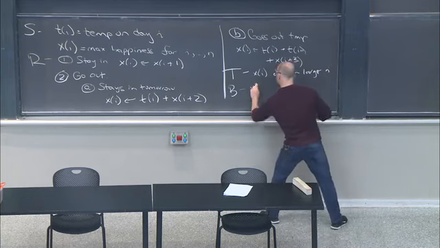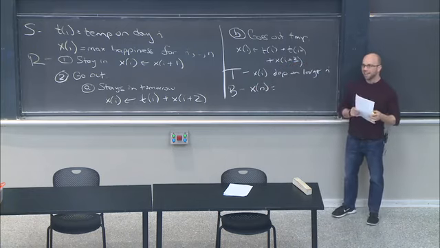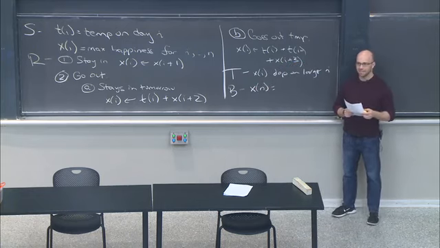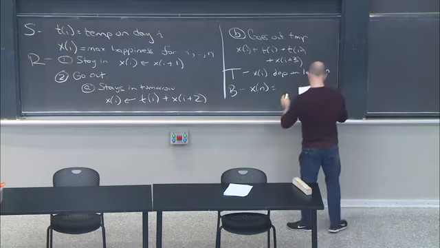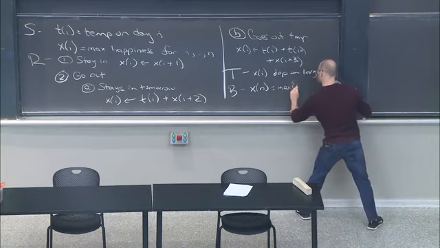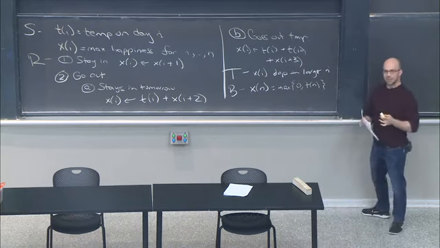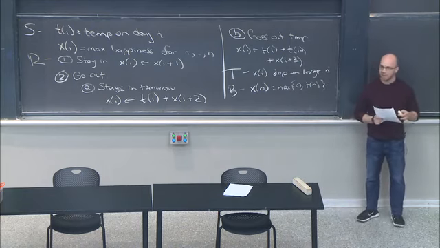In particular, on day n, if he has permission to go out on day n, he can do one of two things. He can either go out or not. So we can say that that's the max of 0 or t of n. Remember, I didn't tell you that temperatures have to be positive. Maybe he's a Celsius kind of a beaver.